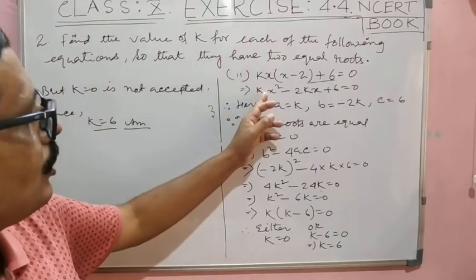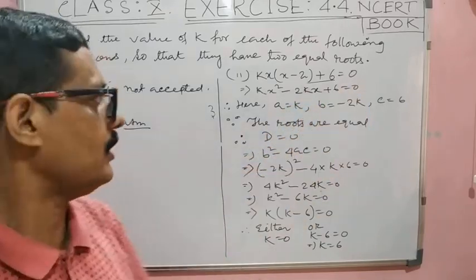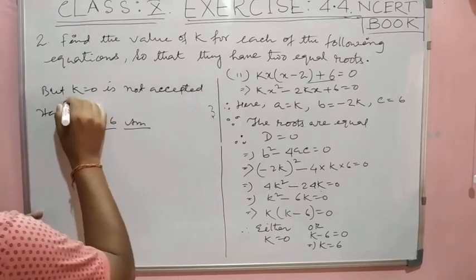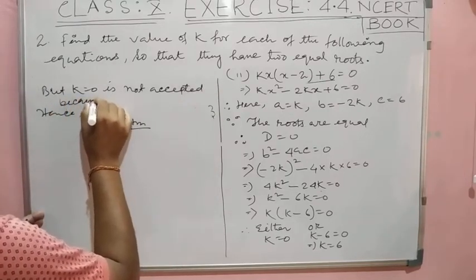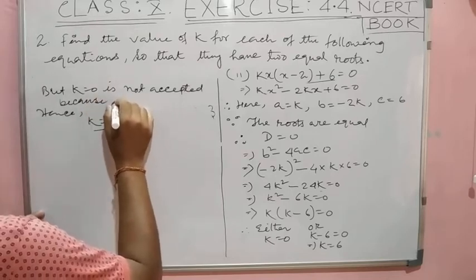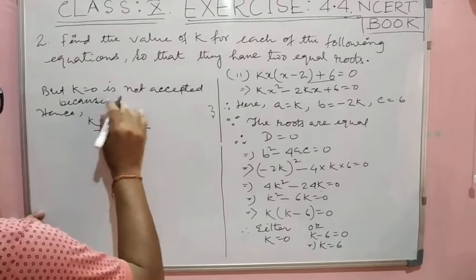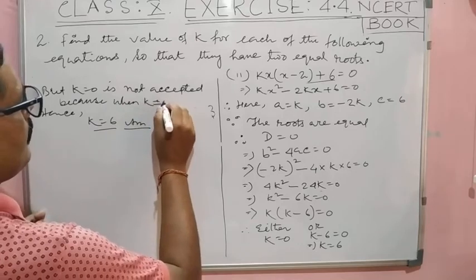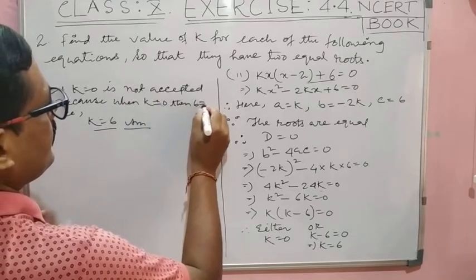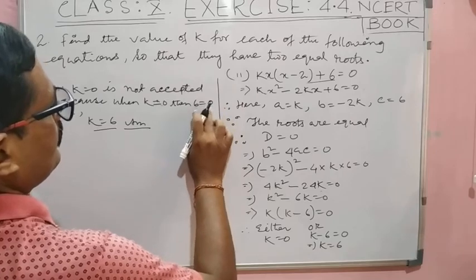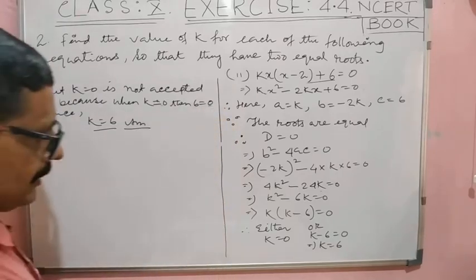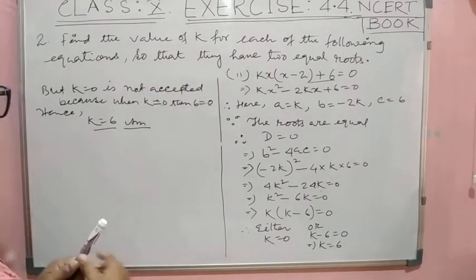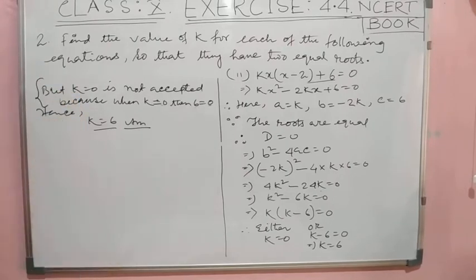You can also write it like this: when k equal to 0, then on putting it here we get 6 equal to 0, which is not possible. So that is why, but you should remember this.